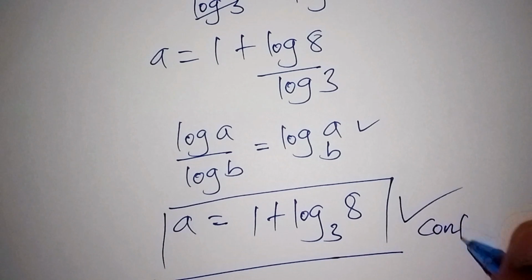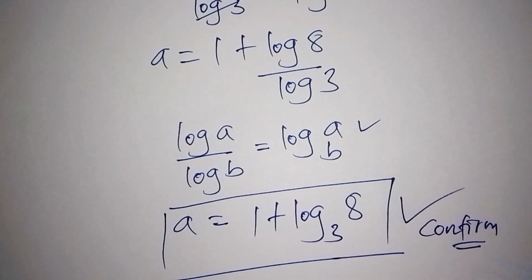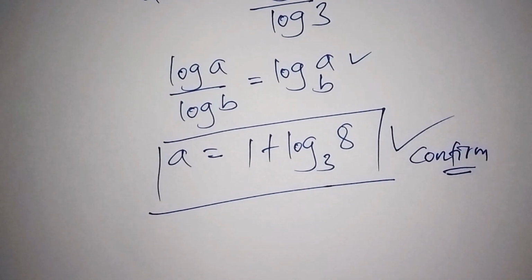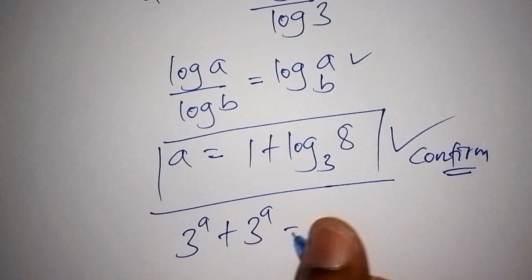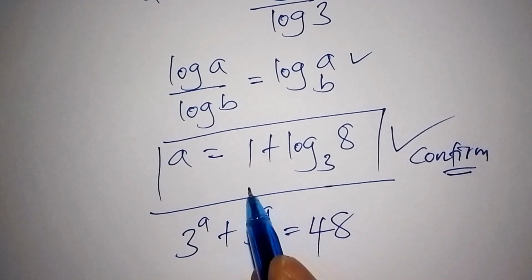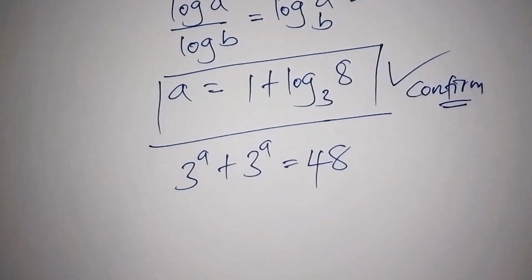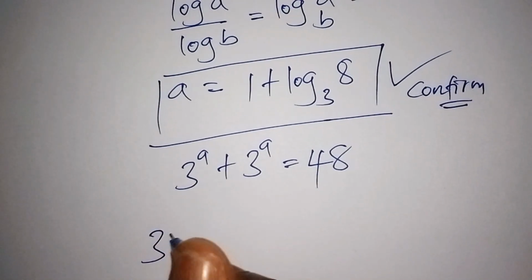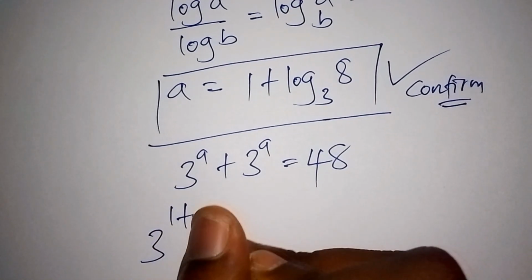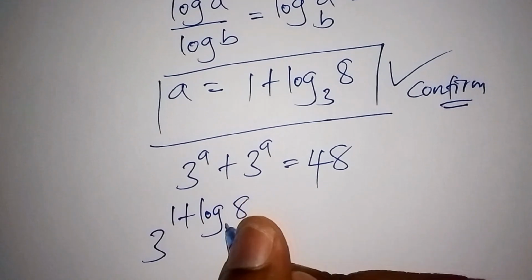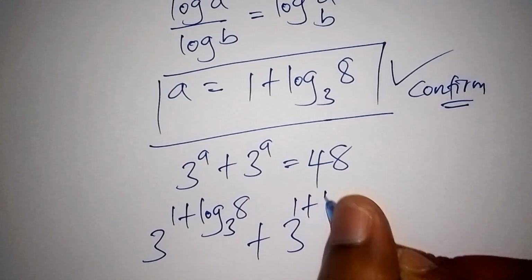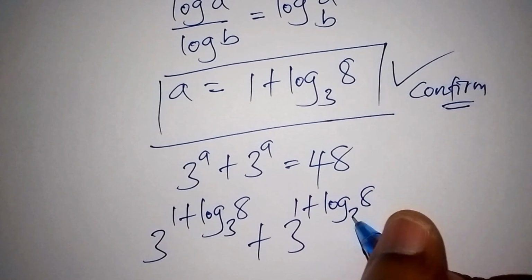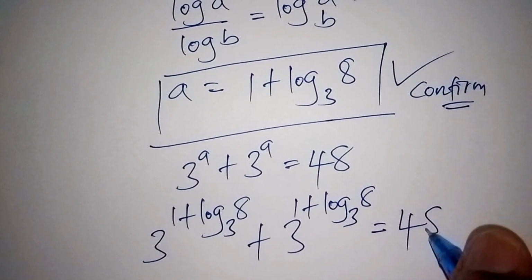So let's now confirm the answer. So the problem was 3 to the power of a plus 3 to the power of a is equal to 48. Since we know a, we shall now have 3 to the power of 1 plus the log of 8 to the base of 3, plus again 3 to the power of 1 plus the log of 8 to the base of 3, is equal to 48.